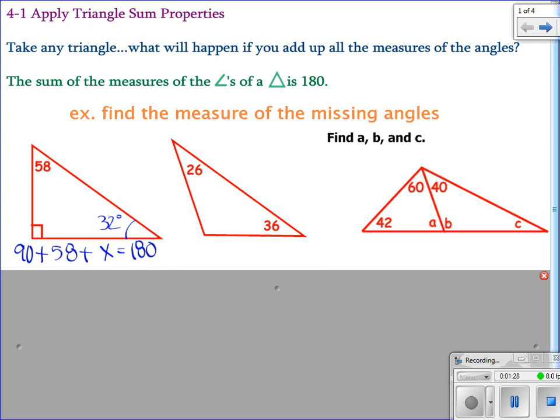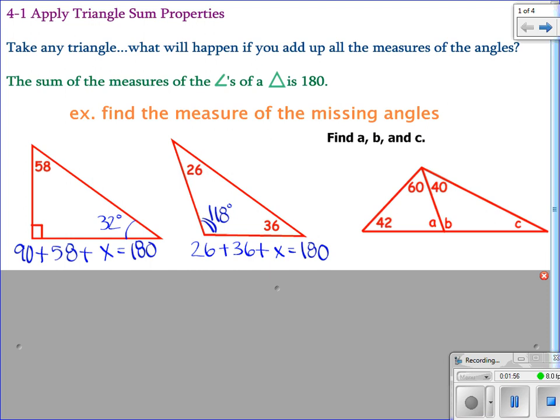Okay, this one, same thing. No matter what the triangle looks like, they all have to add up to 180. So what do we get for that missing one? 116. 118. Okay, just simple adding and subtracting.